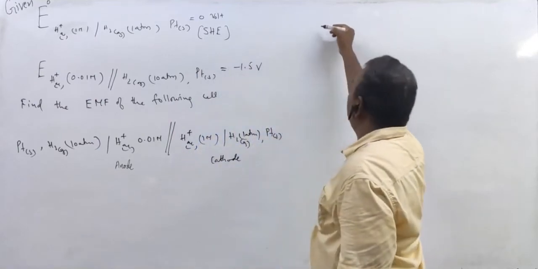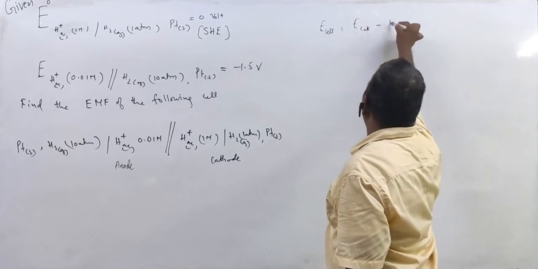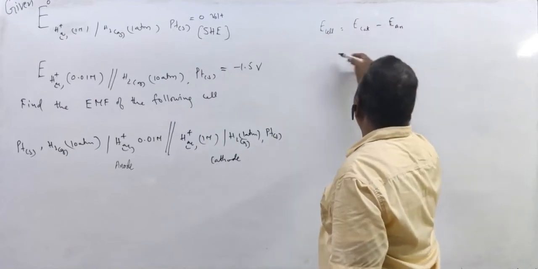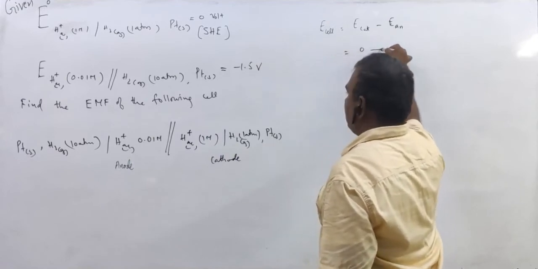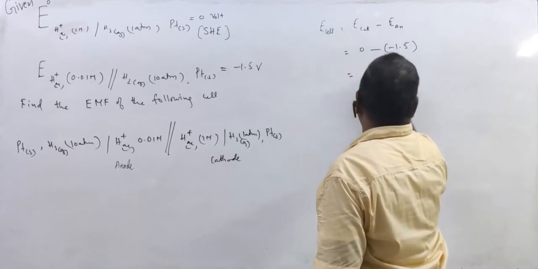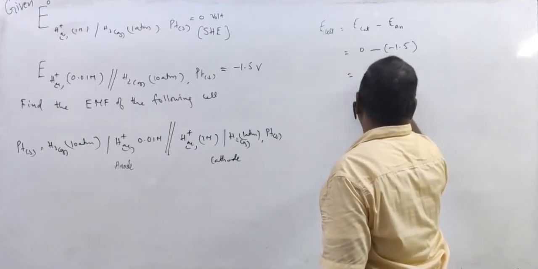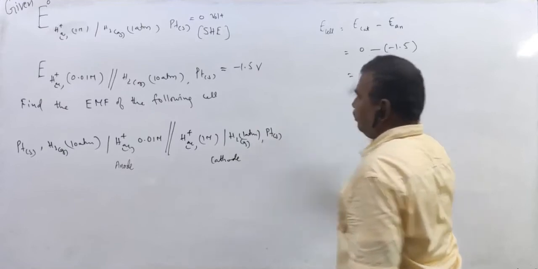Therefore, E cell is equal to E cathode minus E anode. It is cathode 0 minus anode minus 1.5. So, it is plus 1.5 volts. Right?